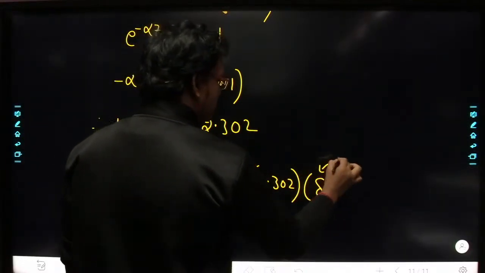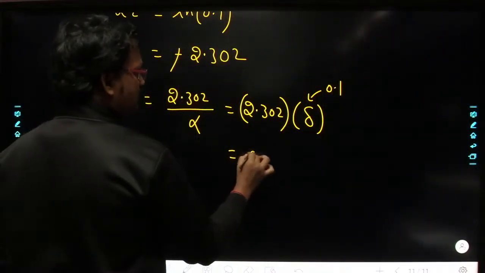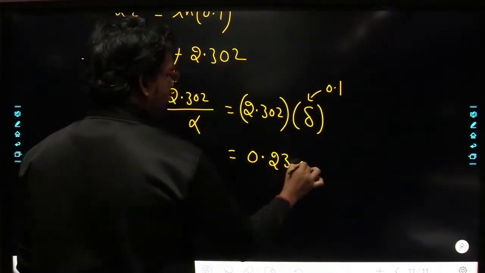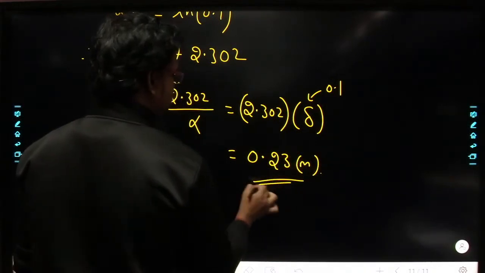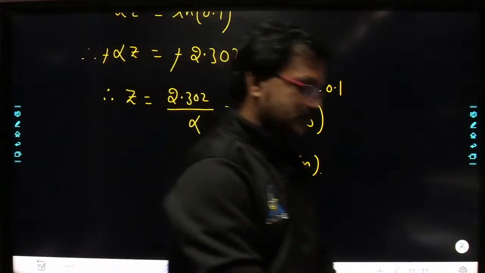So skin depth they have given as 0.1 meter. So substitute 0.1 here. What you are going to get finally? 0.23 meters. So z value is equal to 0.23 meters.